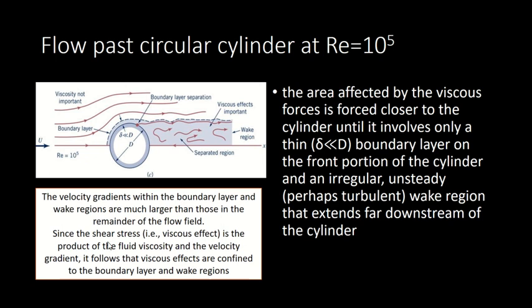Recall shear stress tau equals mu du dy, so du dy is the velocity gradient. In this very thin region, the velocity gradient is really high compared to regions where viscosity is not important.